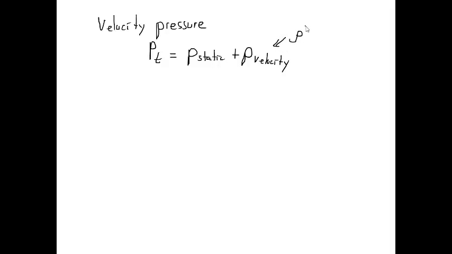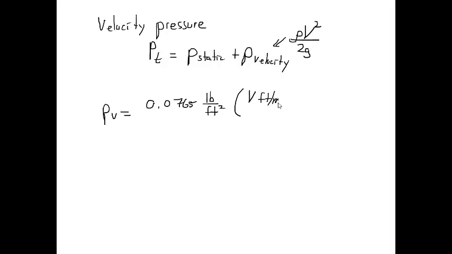Velocity pressure is rho times velocity squared divided by 2g. I want to get this equation, rho v squared over 2g, in terms of the units that we're going to be using. If you take the density of air, 0.0765 pounds per cubic foot, and you want velocity in feet per minute, convert it from seconds.